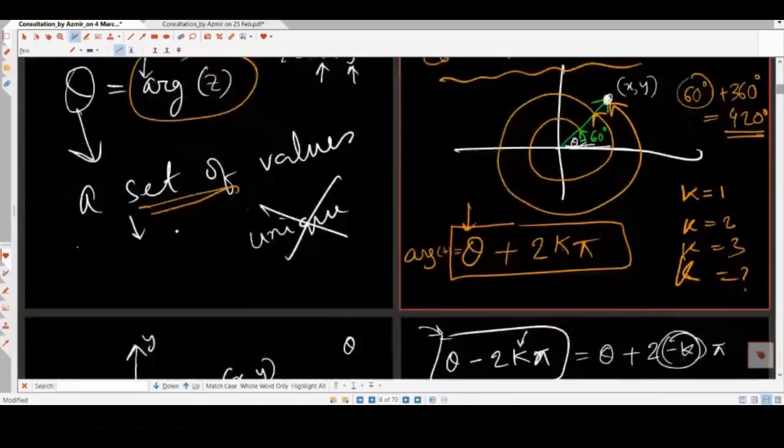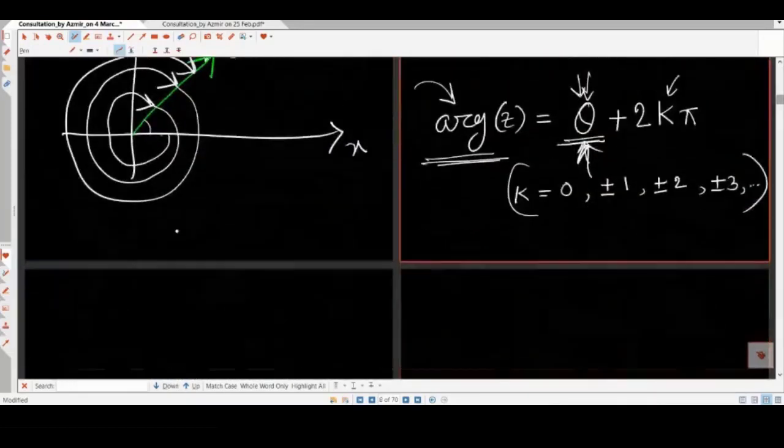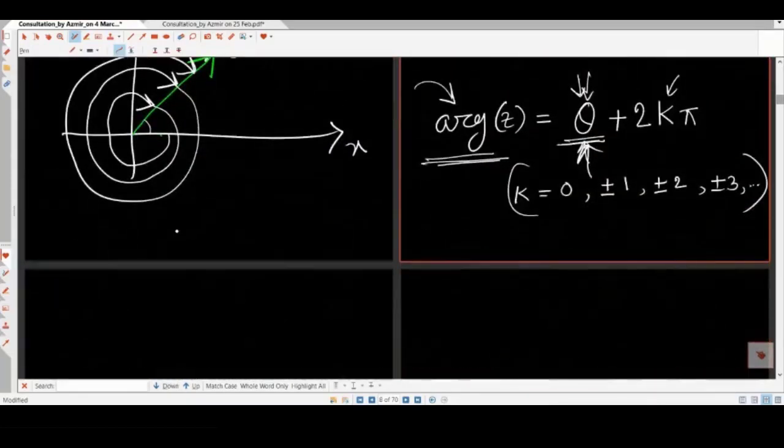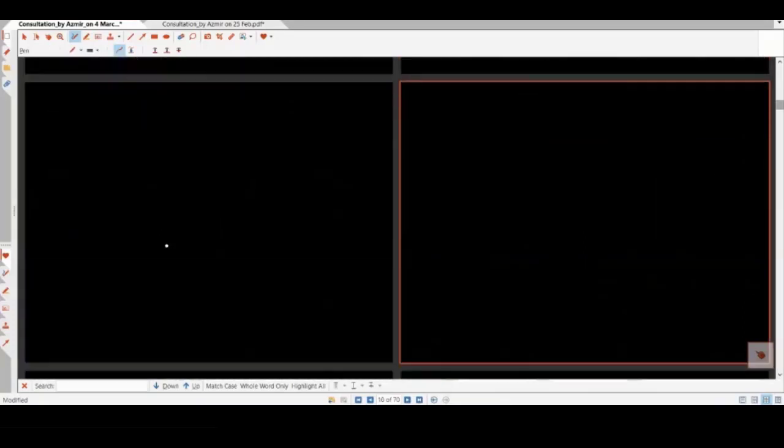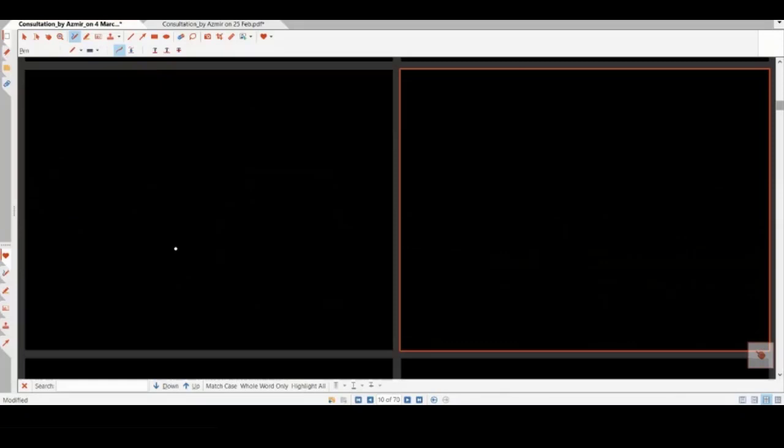So let's solve some problems, and then you will understand how we can find roots of any equation where a complex number z is involved. Suppose we have z cubed equals i. We want to solve this equation.